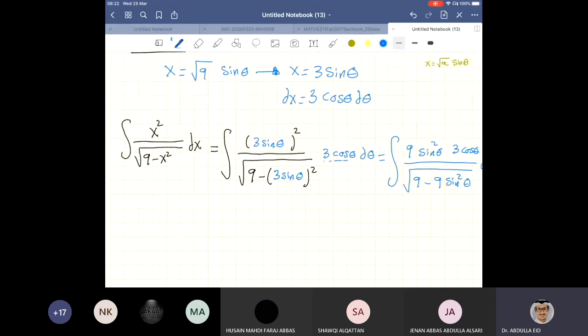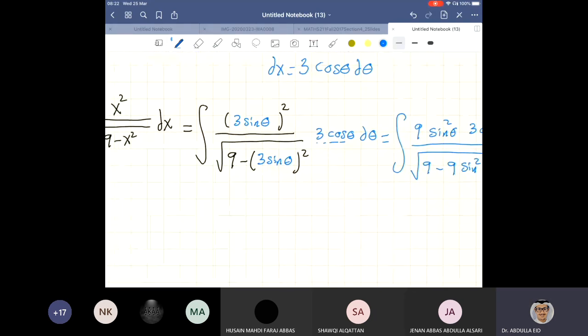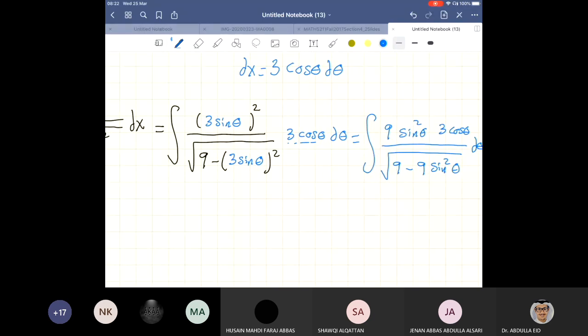Let's see if we can simplify this a little bit more. 9 times 3 gives me 27 sine squared theta cosine theta, because I cannot change it, d theta. Now, take 9 as a common factor.